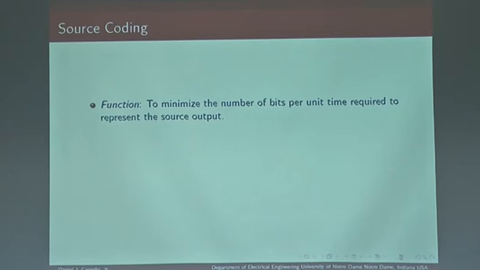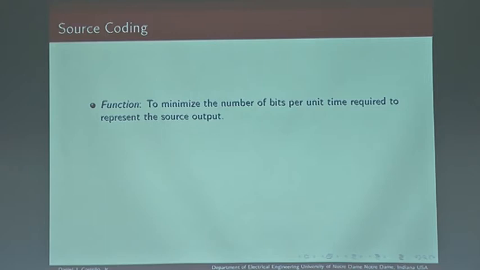So source coding is designed so that you don't send any more bits over the channel than you have to. Okay, you'd like to use the channel efficiently. So you try to represent the output of the source in a way which minimizes the number of bits required to represent it.